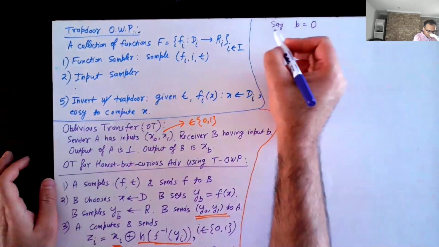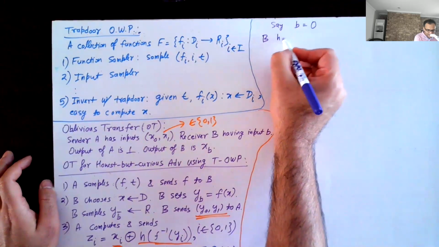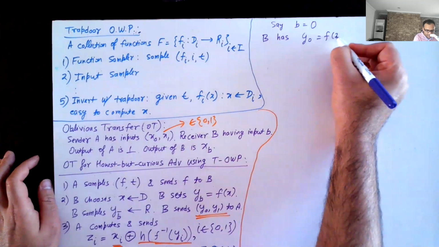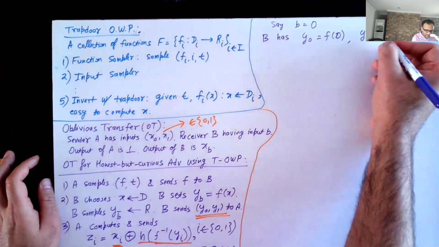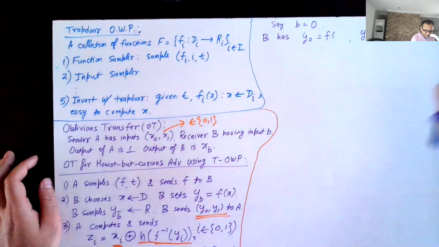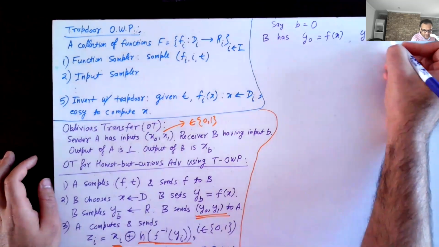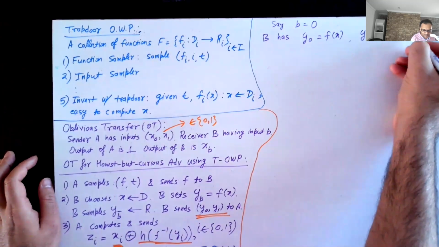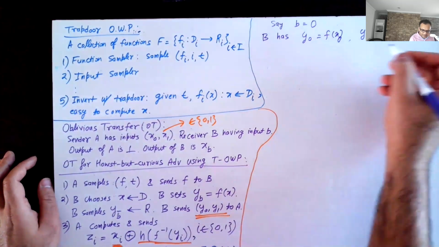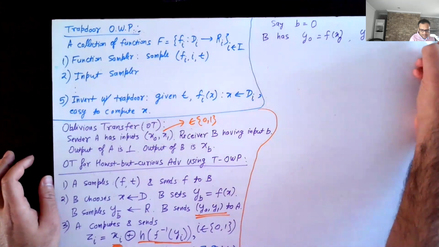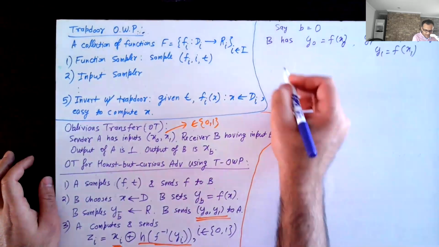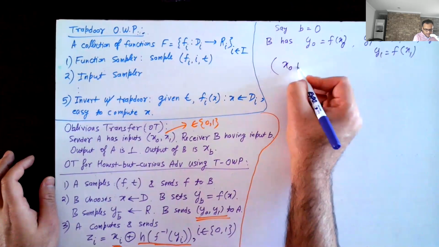Okay, so then B has y0, which is equal to f of x, let me call it x0. y1 is uniform, and say y1 equals f of x1. So here x0 is known, but not x1.